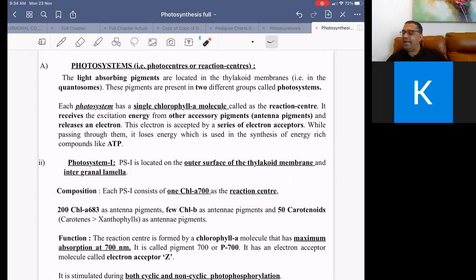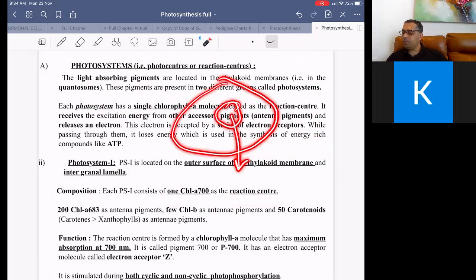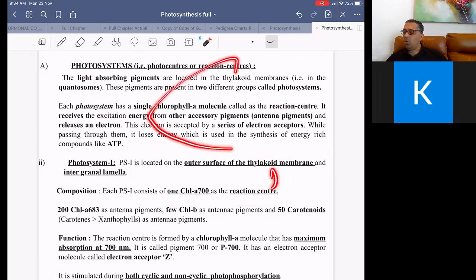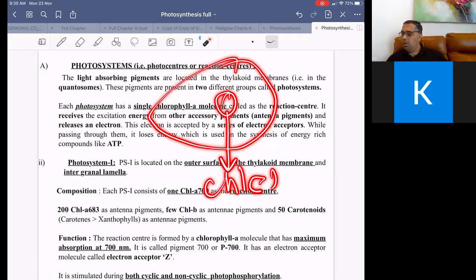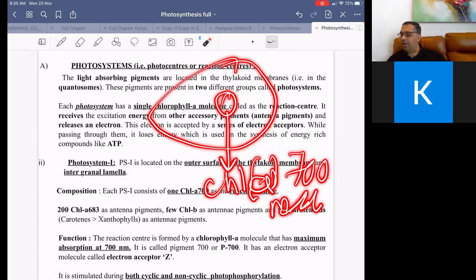तो center में कौन है? Chlorophyll A. Center में है chlorophyll A. And at what wavelength does it get excited? 700 mu. So it is called chlorophyll A 700.